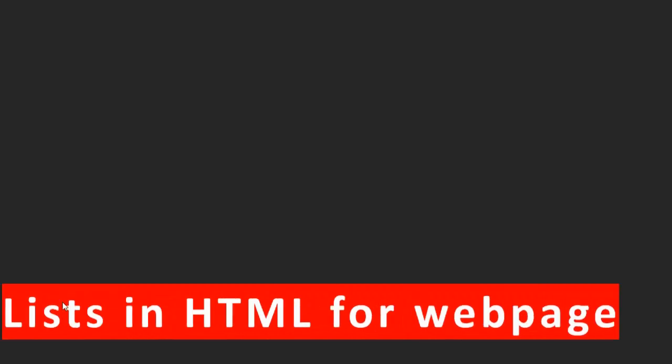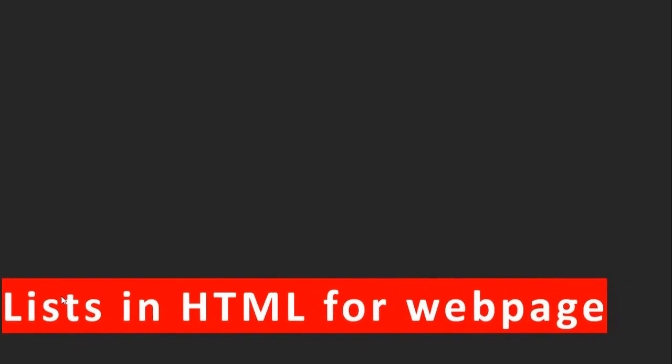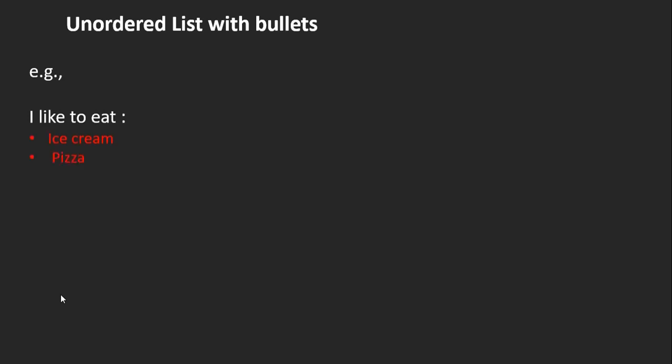Next, what we want to do is lists in HTML for web pages, right? What is a list in HTML? Why do we require lists in HTML? A list in HTML means that whenever you see a web page, there are unordered lists with bullets like this, which are the options, or ordered lists which are in a 1 2 3 4 format.